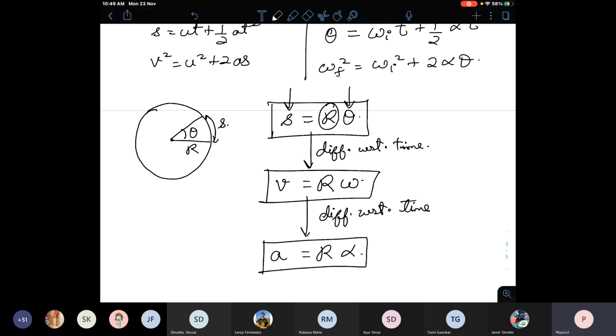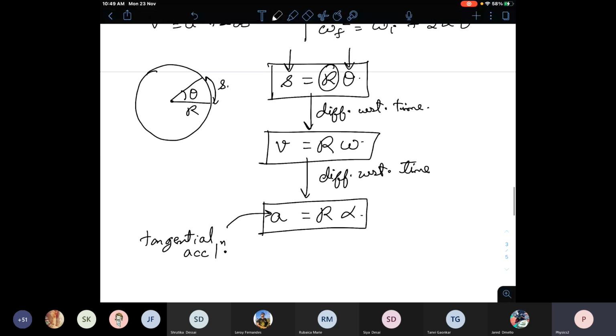One thing you have to remember here is that this linear acceleration which we are getting is your tangential acceleration. This is a very important thing. You will get confused, sir, what is the formula for centripetal acceleration and tangential acceleration?